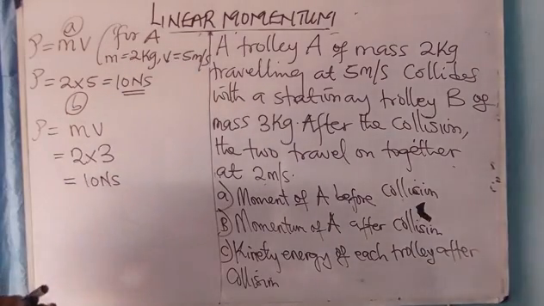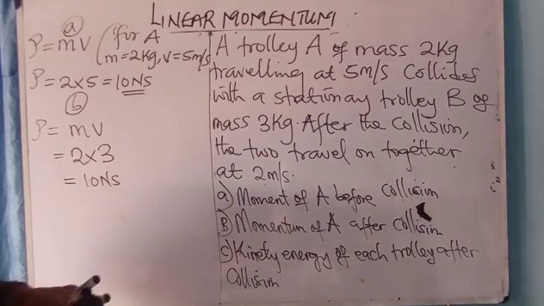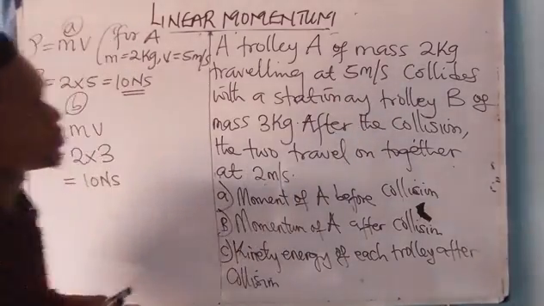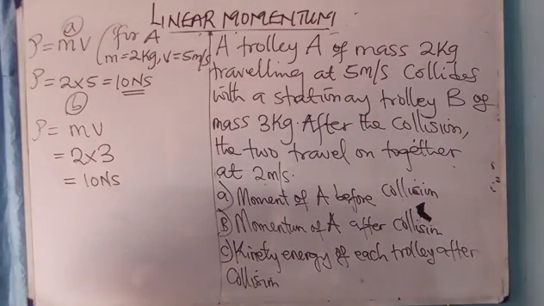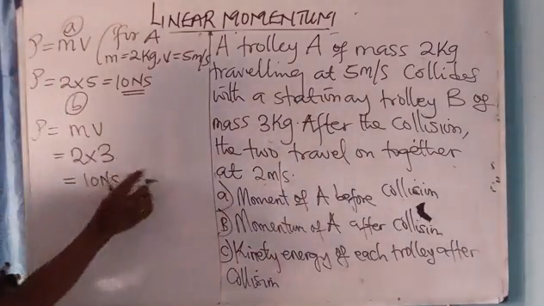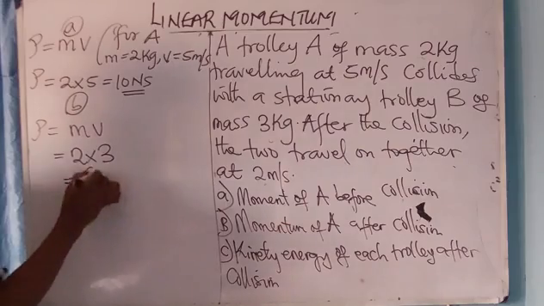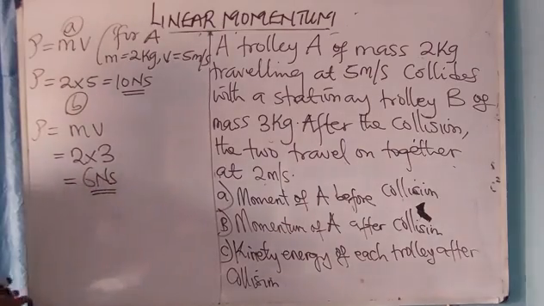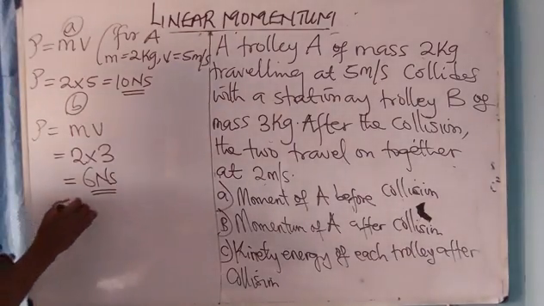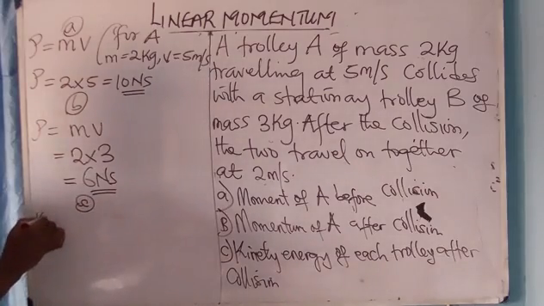Momentum of A before collision is 2 times 5, which is 10 Newton second, then the two move with the same velocity afterwards.